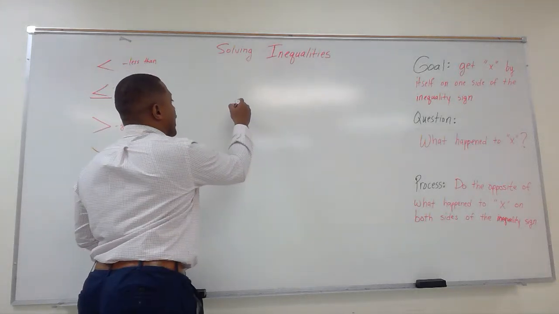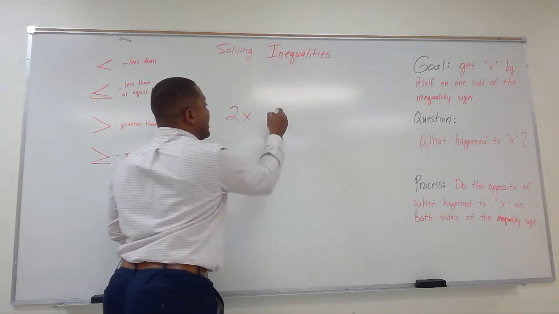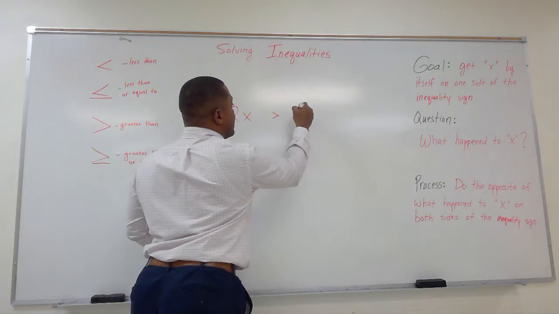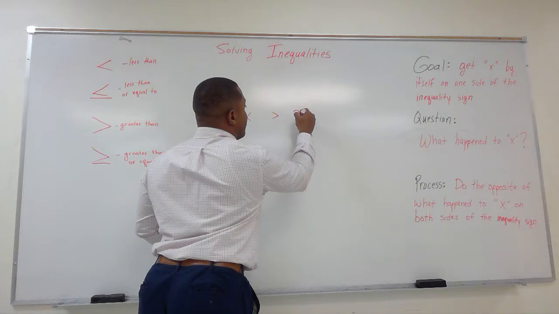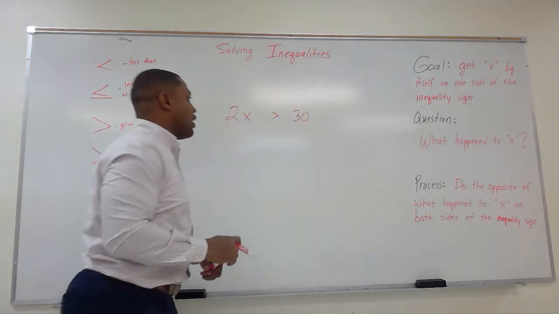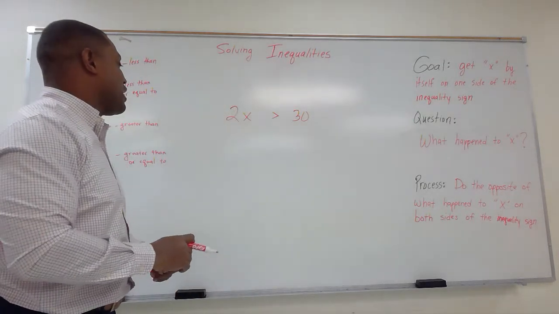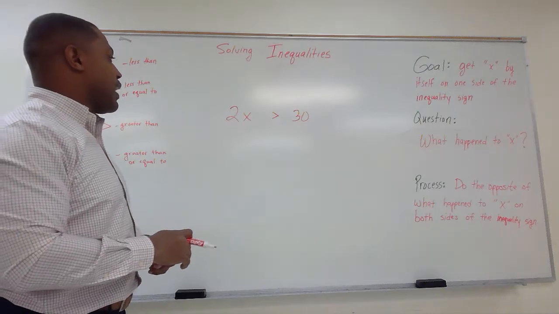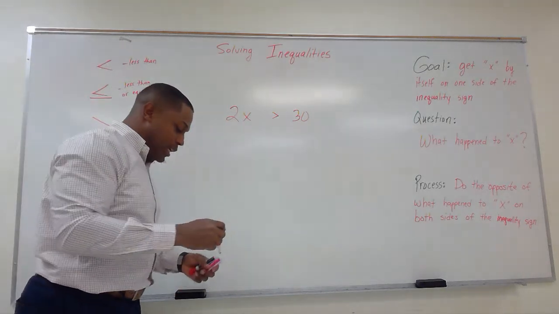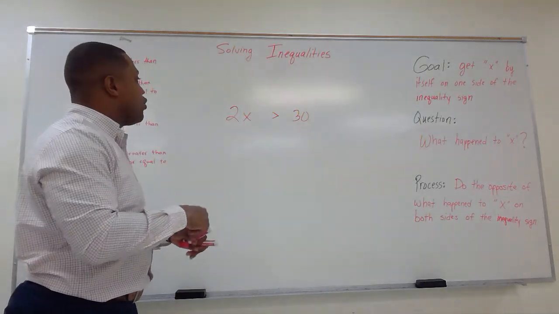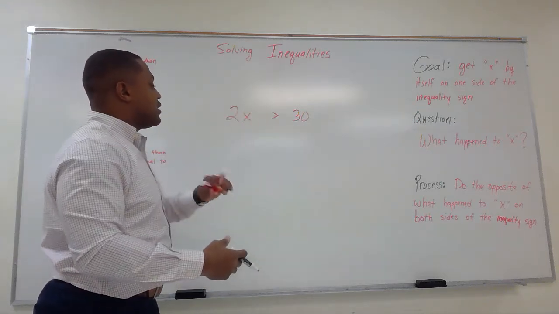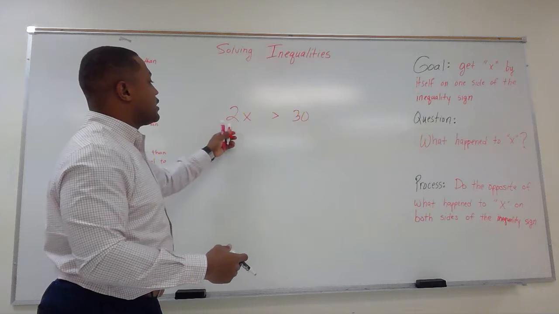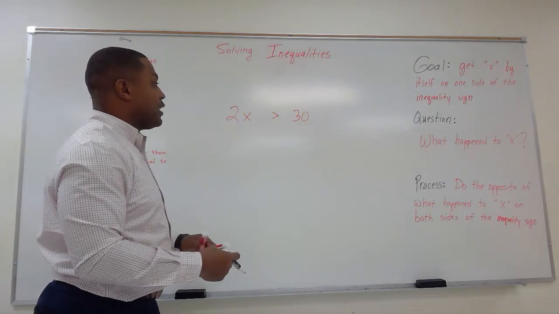Let's say we had 2x is greater than 30. Okay, I'm just making up numbers here, but 2x is greater than 30. Again, like we said, we're going to solve them like we would equations. What that means is we've got to get x by itself. We ask ourselves what happened to x. In this case, it's being multiplied by 2.